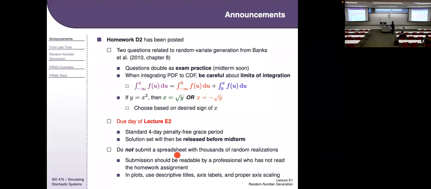Try to think about what would be useful to you if you were to read this. The grader is not going to go through a spreadsheet and check thousands of lines. Also, you shouldn't paste thousands of lines into a Word document, because that's even more useless. In theory, your solution document for both problems of homework D2 could be 2 pages long. It shouldn't be 30 pages of lists and lists of numbers, because that doesn't really help us.